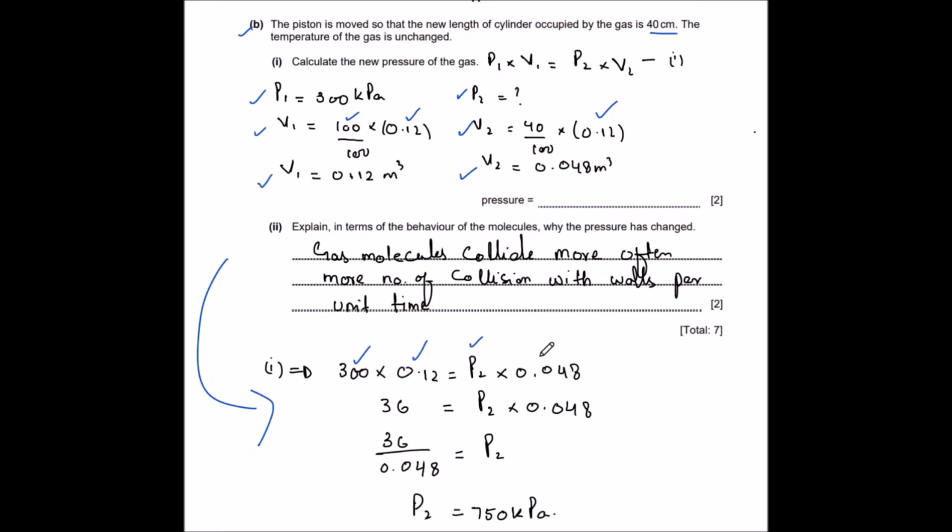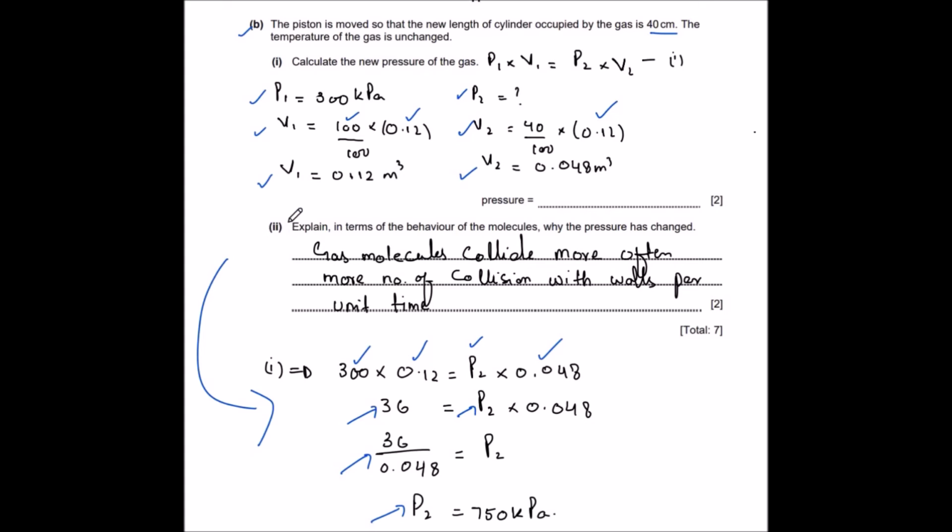P2 you need to calculate, and you calculated V2 as 0.048 cubic meter. Multiply the numbers, then you get 36 on the left hand side. And what we need is P2 actually, P2 as the subject: 36 over 0.048. Divide the numbers, then you get 750 kilopascal. So that is the new pressure.